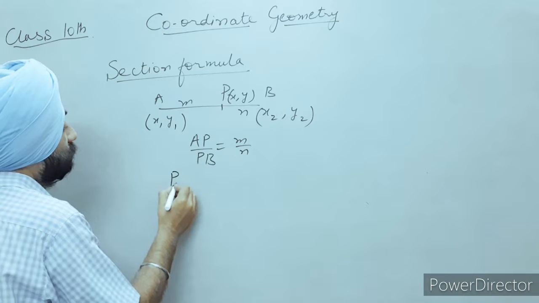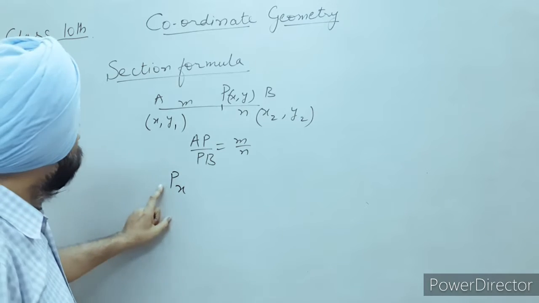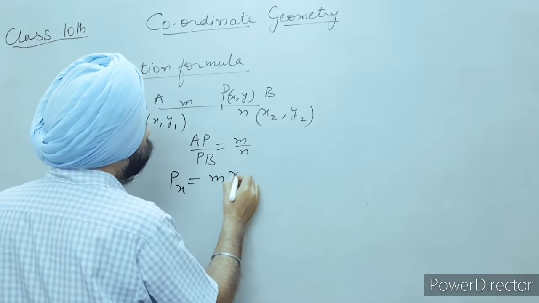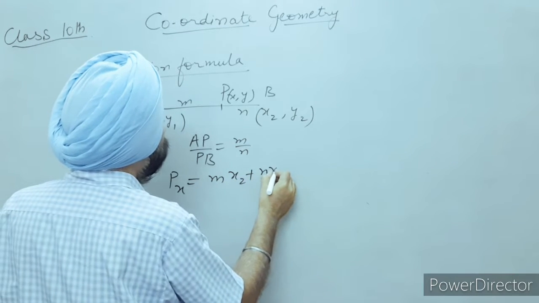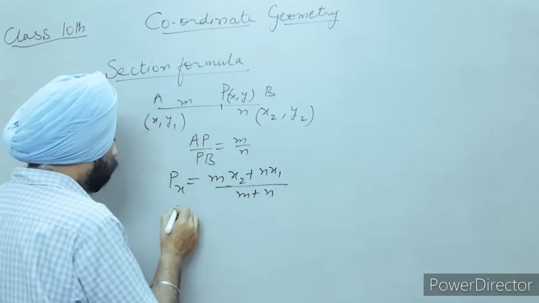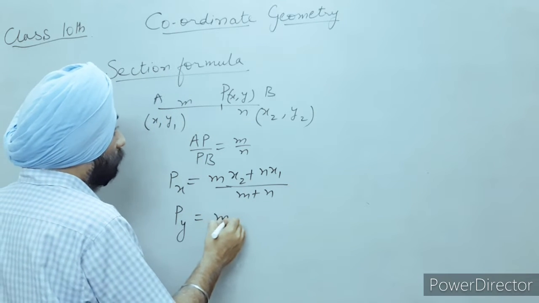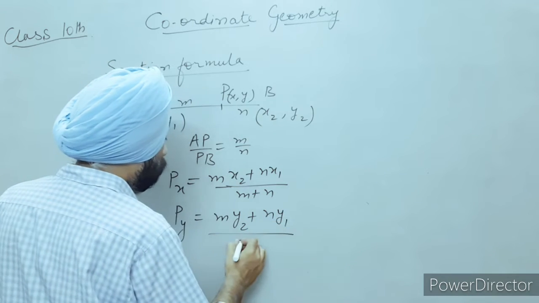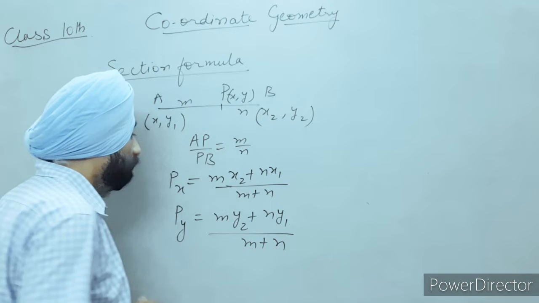The abscissa of point P, that is P of x, is equal to (m x2 plus n x1) divided by (m plus n). P of y equals (m y2 plus n y1) divided by (m plus n).